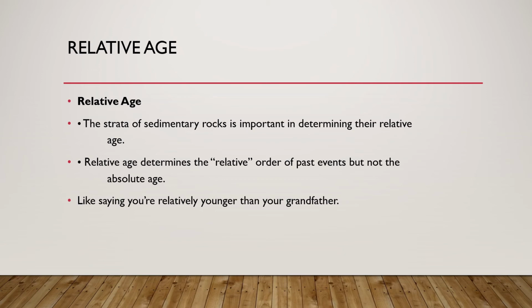So older rocks are found below, younger rocks are found above. Older fossils are found below, younger fossils are found above. So the absolute age is not determined here. Absolute age will be discussed on the next slide.